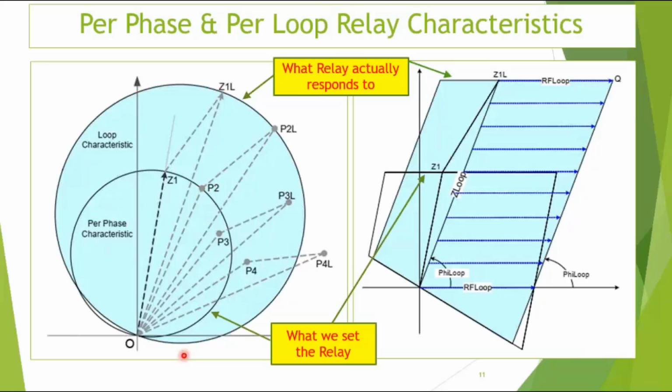This is a very good diagram I found in one of the Doble papers. This is what we set the relay, the inner characteristic, and this is what the relay actually responds to, the bigger characteristic. So this is the positive sequence impedance of the line. This portion takes care of the return path of the fault point and the source. This part takes care of the loop resistive part of the fault.